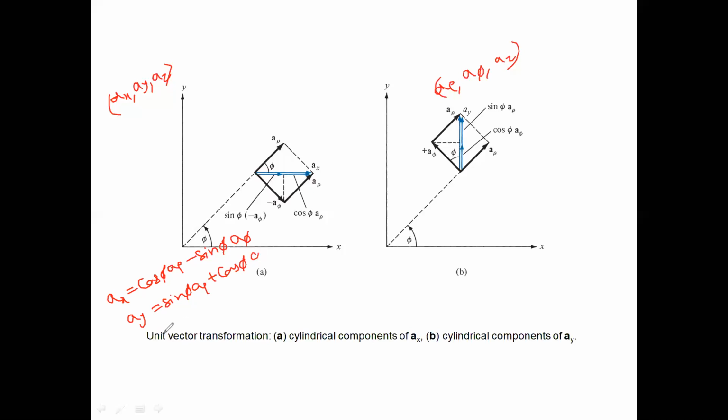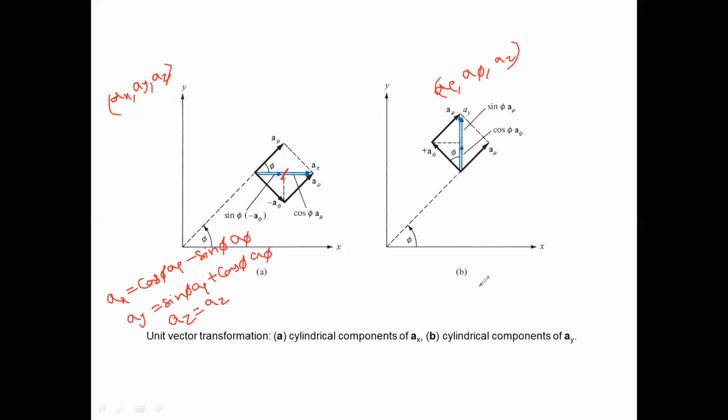So you can easily get these relations from this figure. No need to worry, because the last term az will be the same, as in the previous case. You can apply cos phi, that is the adjacent side, and like that, if you apply the total term, we can get these relations.